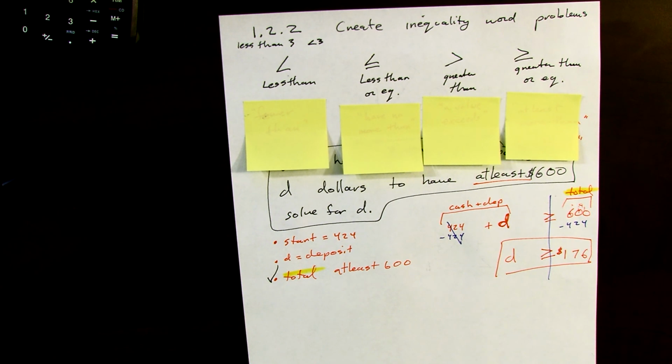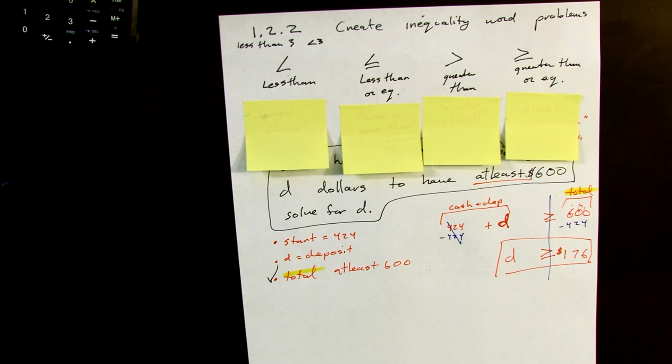So when you have a phrase like that, put a scenario in it. What if you can have no more than $1,000 in your checking account? Could you have 2,000 if you could have no more than 1,000? You can't have 2,000. Could you have $1,000 though?